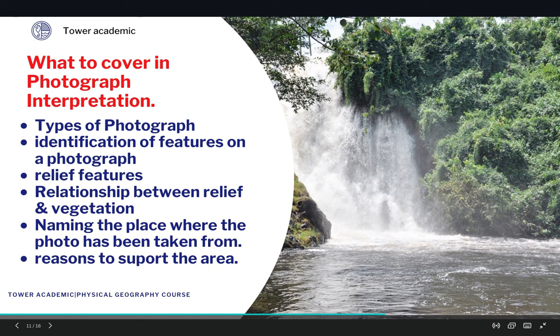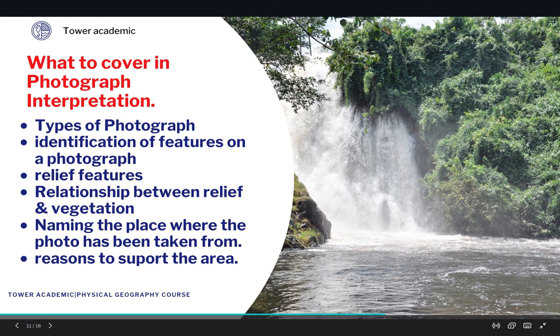You are going to talk about coastal geomorphology, they can set a photo about coastal geomorphology. We are going to study climate, they can set a photo concerning climate, and so forth. So these photos will basically come from section B and C as we shall handle them.